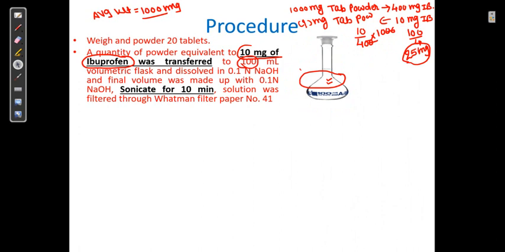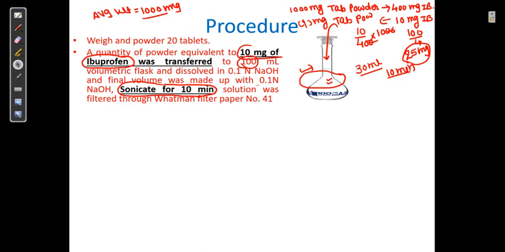So this is a 100 ml volumetric flask, and we need to transfer the powder into it. Finally, the volume is made up with 0.1 normal NaOH and sonicated for 10 minutes. So the procedure is like this: transfer the powder, then add roughly 30 ml NaOH and sonicate for 10 minutes so that all the paracetamol and ibuprofen come out.